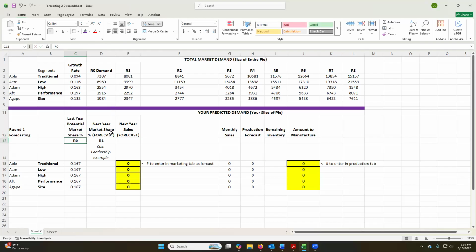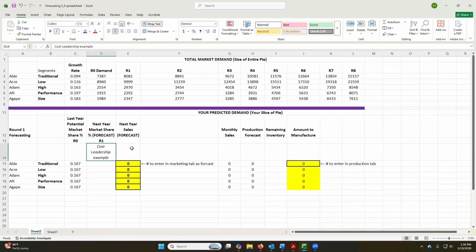Next year's market share, which is a forecast, which would equal next year's sales, which is the actual number of the forecast. And then looking ahead, what 1 month of sales equals, which is what we should produce, the total production needed, taking into account our remaining inventory, and that is the final amount that we should manufacture. So let's take a look on the Capstone Courier and fill this out.